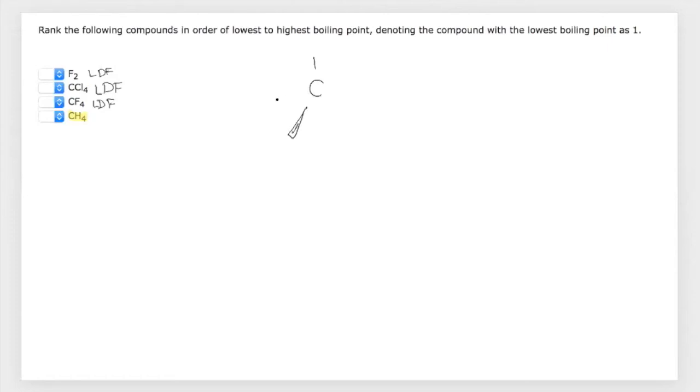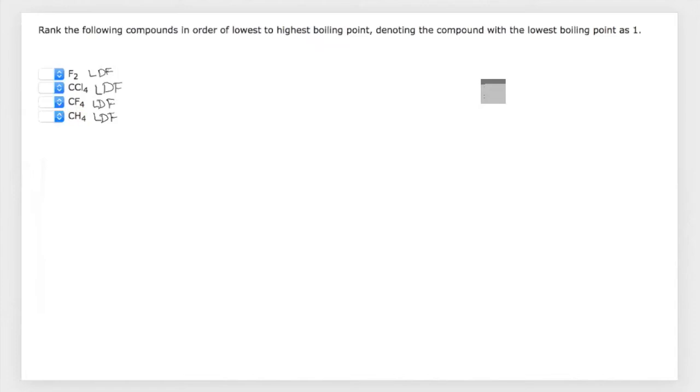CH4, we are just swapping out those halogens for hydrogens now. Carbon's actually going to be a little bit more electronegative, so we'll see a slight pull of electron density into the central carbon, but it's still to the same effect, where this molecule will be nonpolar, giving us only London dispersion forces.